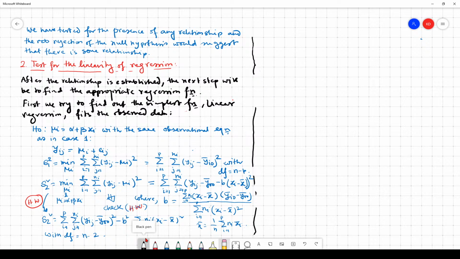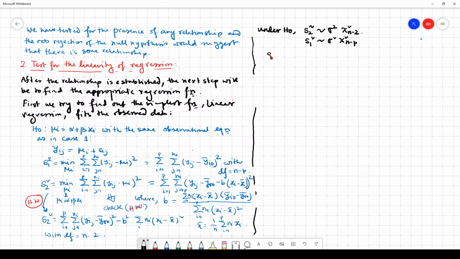So under H naught, this S2 square follows sigma square into chi square with n minus 2 degrees of freedom. Similarly, this S1 square follows sigma square chi square with n minus p degrees of freedom.